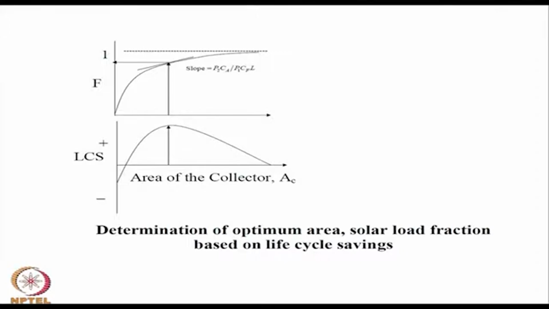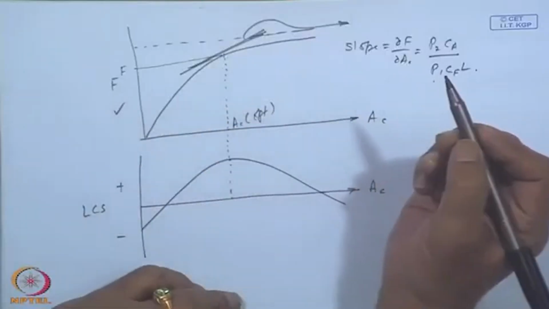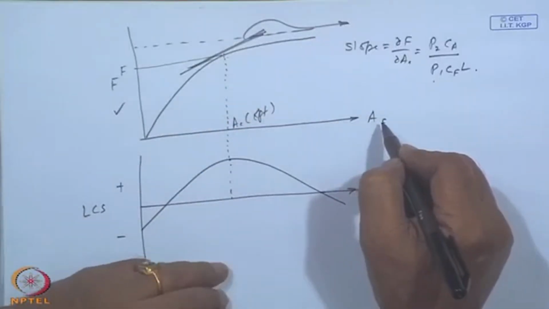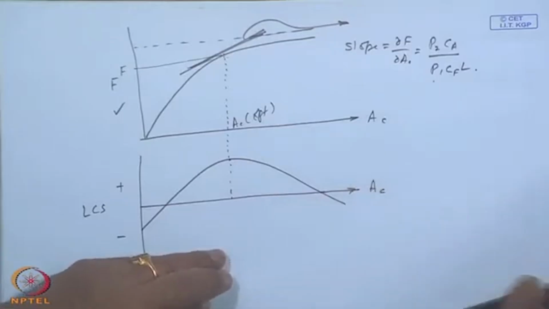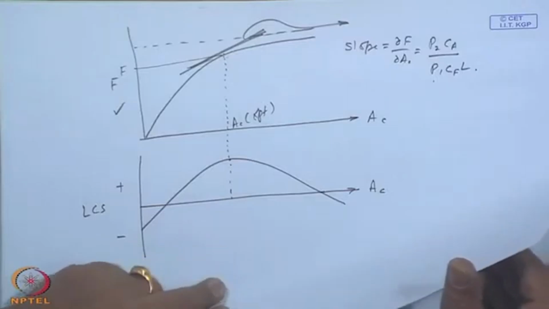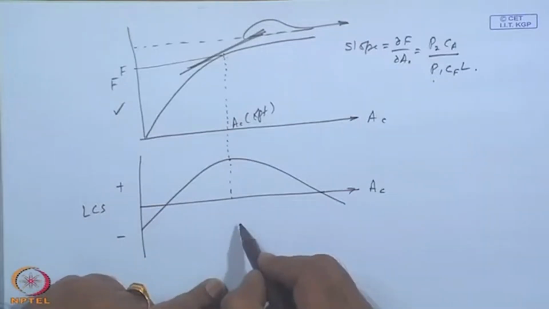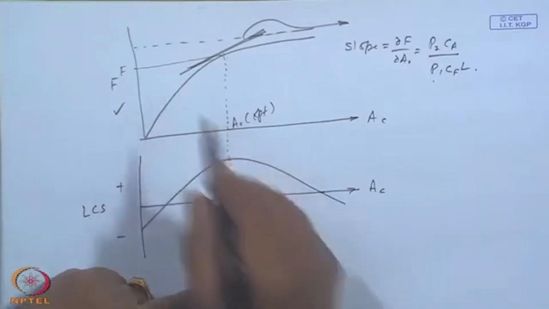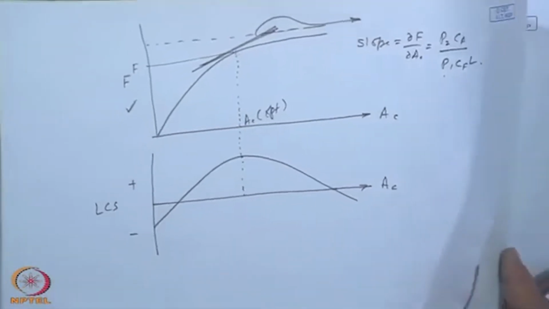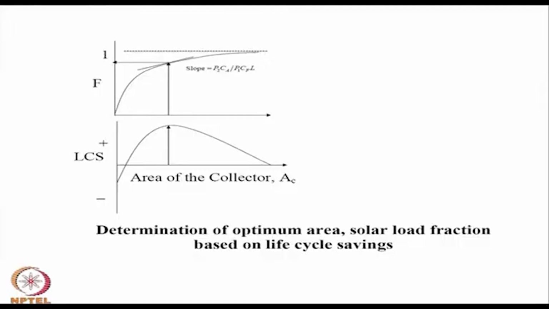So, that is how now you understand the importance of the solar load fraction versus the area curve for the long term performance, and that we have struggled through a large number of equations and methods to find out the F versus AC curve. That combined with the life cycle savings will yield what should be the optimum for the particular system or application under consideration.